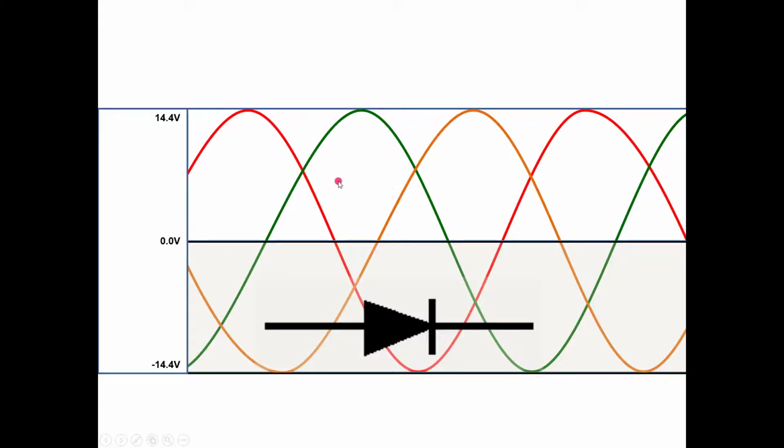Now the problem that we run into is we have these gaps. So this is still kind of a wavy form, where it's 14.4 and then maybe it dips down to 14.1 or 13.9. These gaps right here, we refer to that as ripple, and the blue little sections here are filling it in.